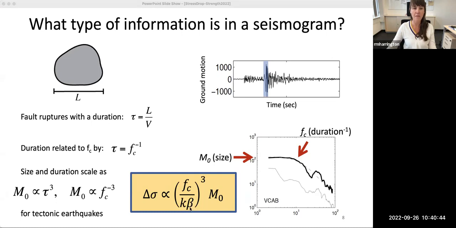And then of course we have the shear wave velocity here, which we assume to be constant. There's no good reason to assume that it should change with moment. So by and large, with this expected relationship, stress drop should be constant if the moment and the inverse cube of the corner frequency are indeed proportional to one another.